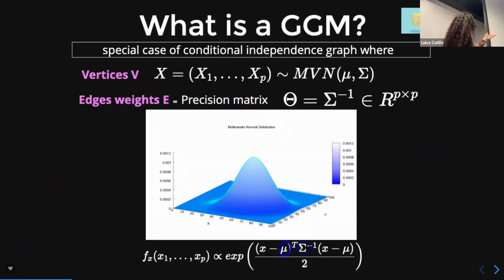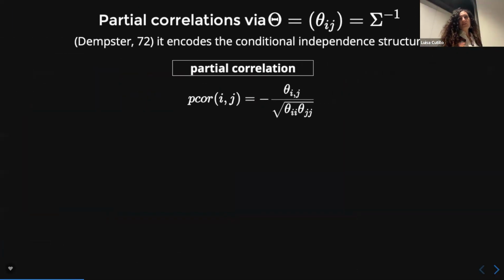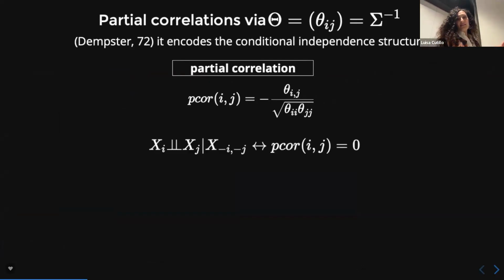We know that we need to specify the multivariate normal with the vector of the means and the matrix of covariances. Here we focus on the inverse, and there's a reason why we do so. The reason is that it is related to the partial correlation, and it encodes the conditional independence structure.